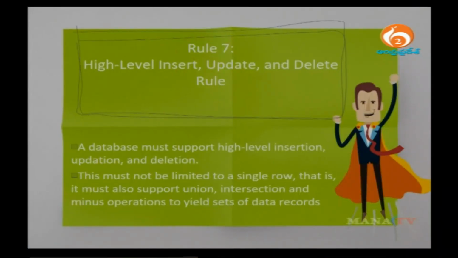The data of an application or database will be either user information or metadata. So when you talk theoretically, you can update it, which is good for understanding, and your system is also capable of updating the information in your databases. This is rule number 6, and rule number 7 is high-level insertion, update and delete.